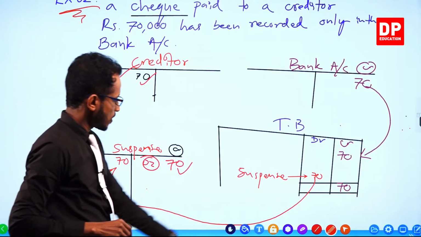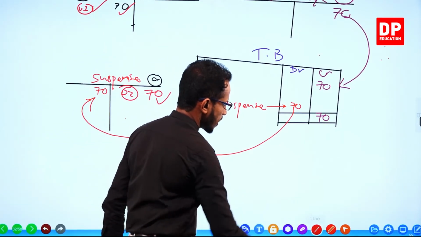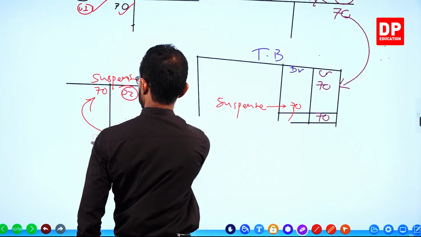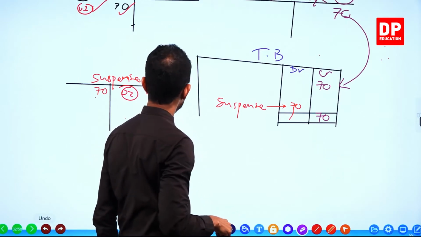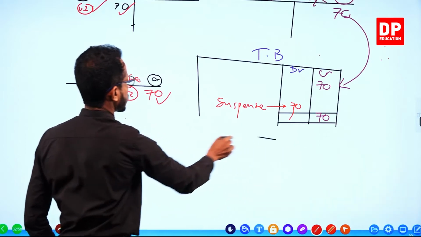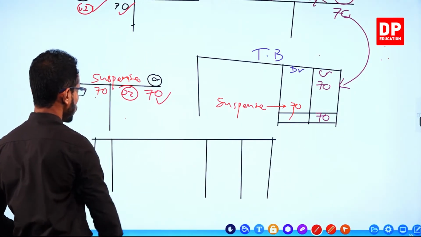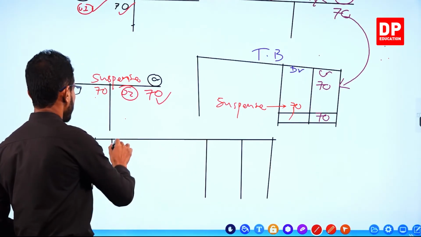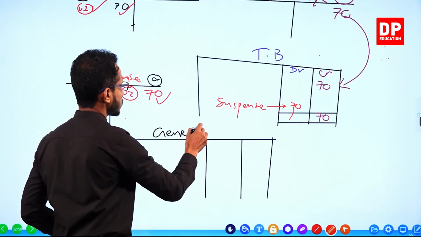Alright. I can show you by drawing the general journal like this. The general journal should be drawn like this. Name it first: General journal.